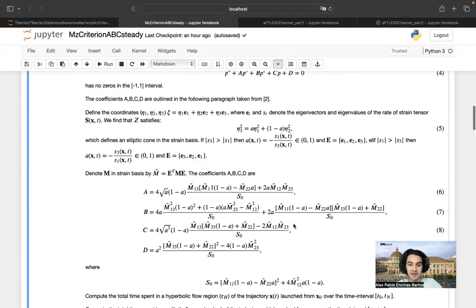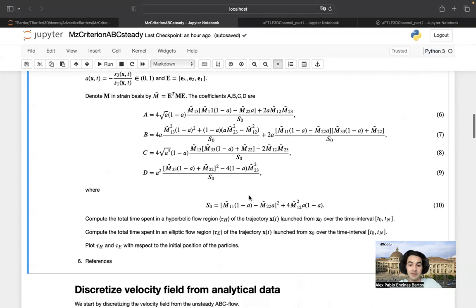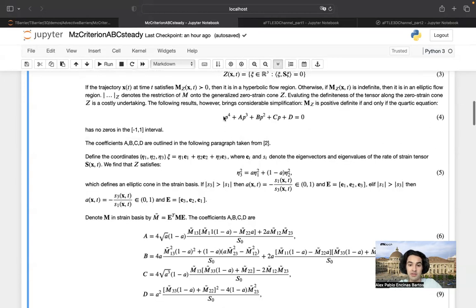I will not go through all of the individual steps because it's fairly involved. But one can write down expressions for these coefficients. In fact, that's what we will also do. So we'll compute these coefficients here, and then we simply need to check whether the quartic equation has zeros.